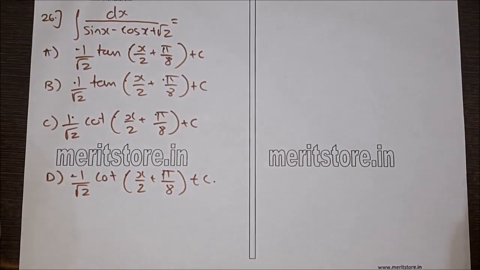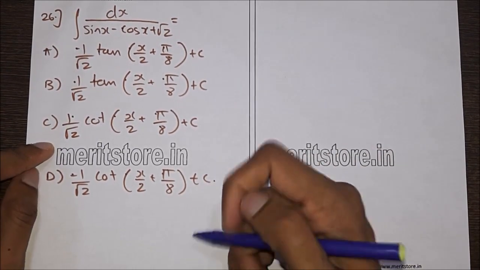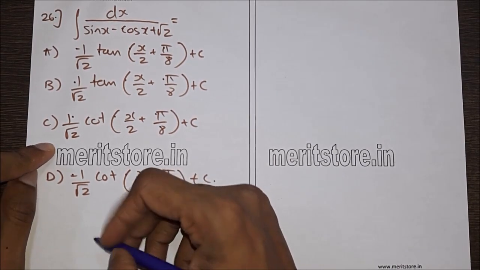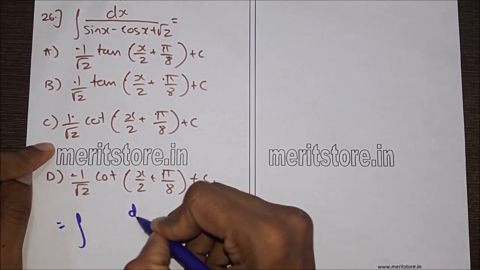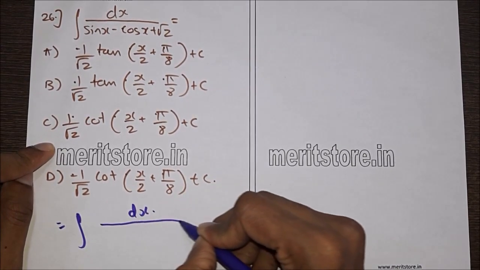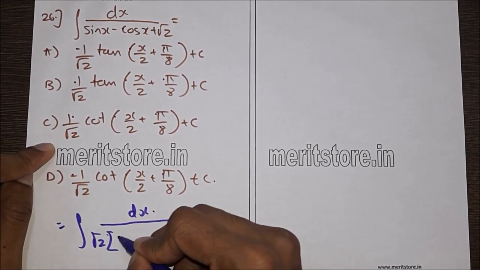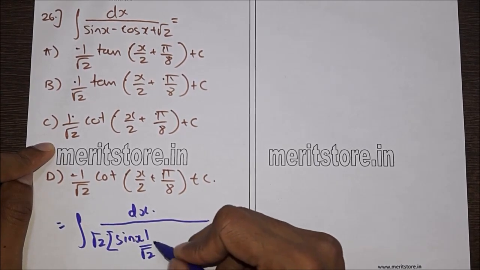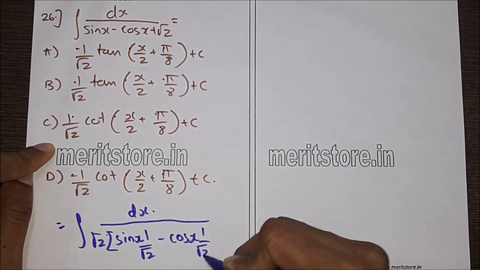Question 26. Integral dx upon sin x minus cos x plus root 2. We make a fine adjustment in the denominator. We multiply and divide by root 2. We get integral of dx upon root 2 into sin x into 1 upon root 2 minus cos x into 1 upon root 2.